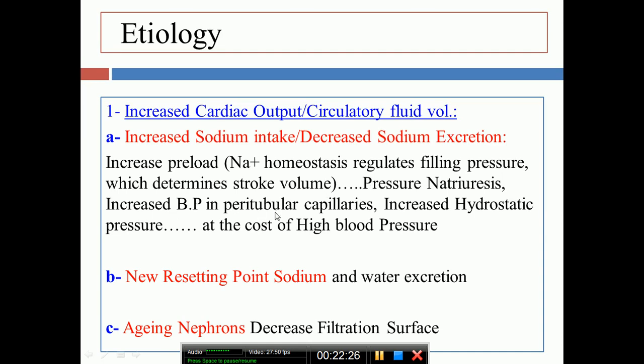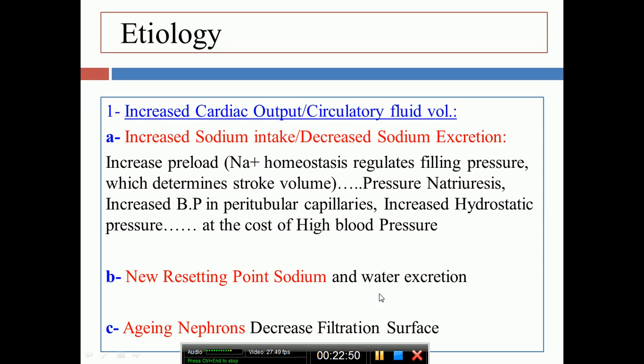Increased blood pressure in peritubular capillaries, increased hydrostatic pressure, and all these factors are due to increased sodium intake or decreased sodium excretion. Peritubular capillaries are in the kidney. Increased hydrostatic pressure is at the cost of high blood pressure.